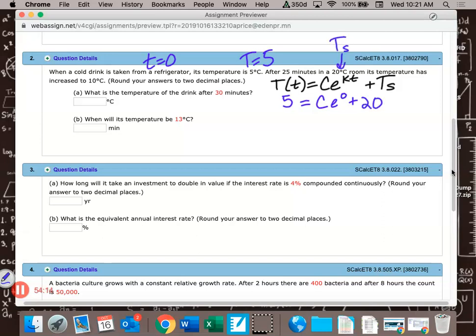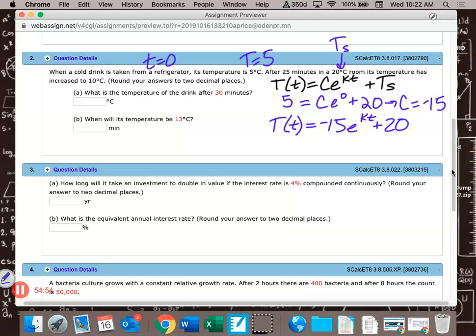That's our T sub S. So e^0 is just 1. What is C? Negative 15, subtract the 20. Now we have the model T equals -15e^(kt) plus 20.